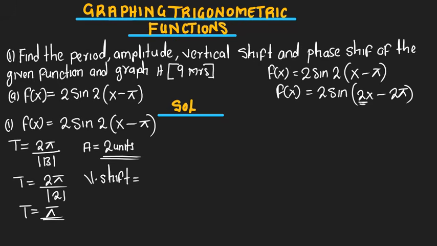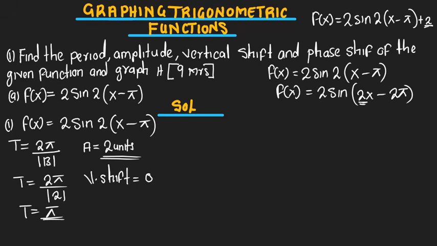So in most cases, let's say this equation was f of x is equal to 2 sine 2x minus pi, then plus 2. This is a constant because it does not have anything attached to it. That becomes a vertical shift. Now, because it is not there, our vertical shift is 0.